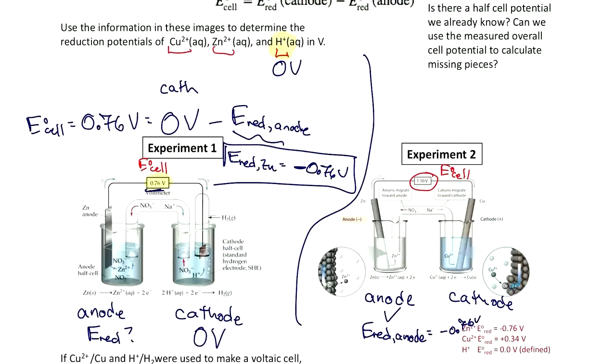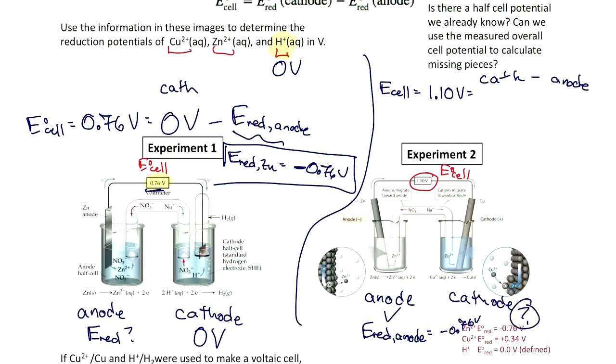When we put together all of the information, the cell potential in this case is equal to 1.10 volts, which equals cathode minus anode. This time we are calculating the reduction potential of the cathode, that missing piece.